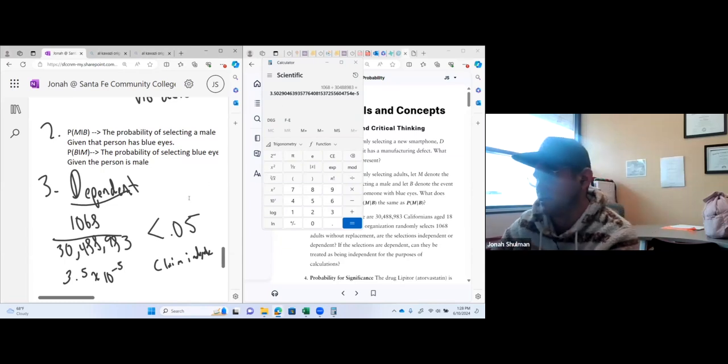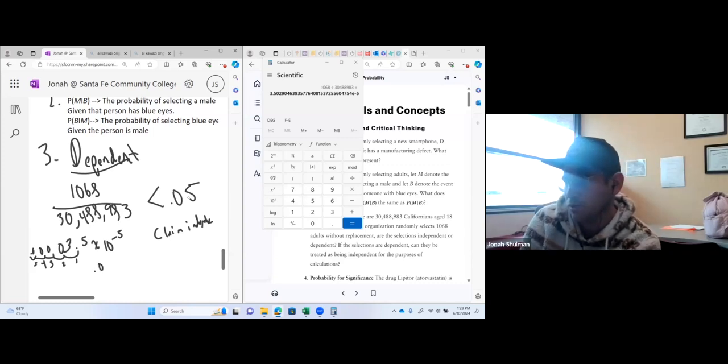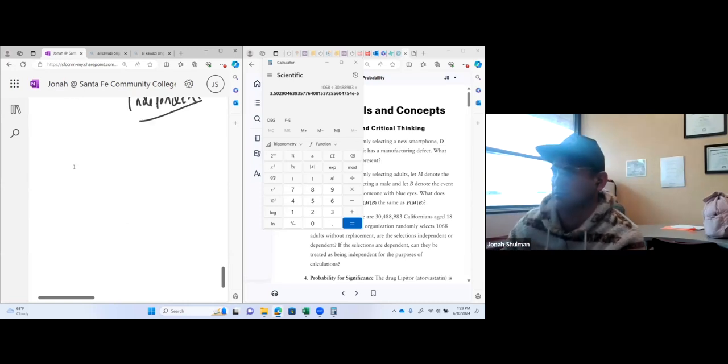That's what this on the calculator means, which means we take this, we go over once, twice, 3, 4, and the last one's the dot, for 0.00035. That is obviously less than this. So we're going to say it's independent. Dependent for the purposes of calculation. Boom. All right, let's go on to number 6.